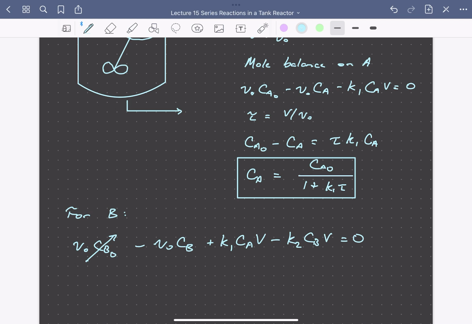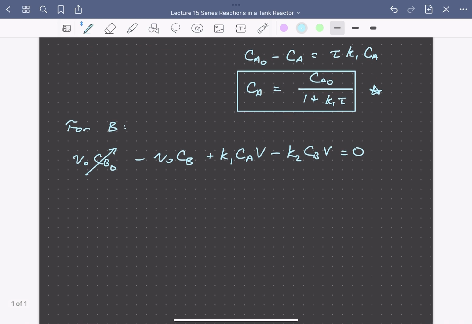Okay, so we can now insert our expression for the concentration of A into our mole balance for B. So this will look something like this. We'll have the volumetric flow rate either entering or leaving the reactor times the concentration of B, plus here we will insert that expression for Ca.